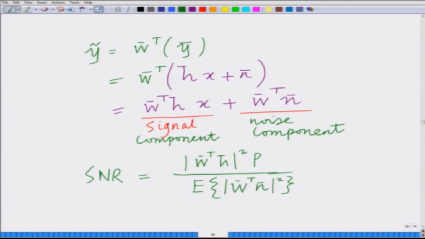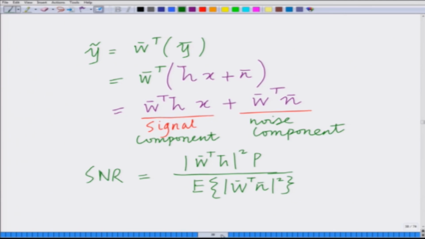The signal component is W bar transpose h bar, magnitude square of that times the power of the transmitted signal x, which is P. The noise is W bar transpose n bar, therefore, the noise power is the expected value of magnitude of W bar transpose n bar whole square.